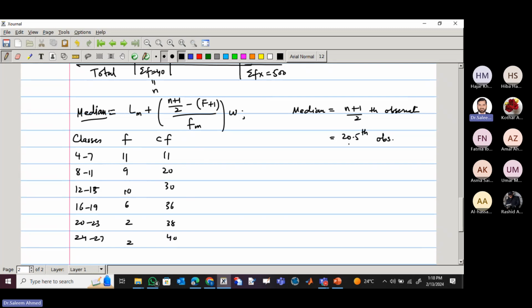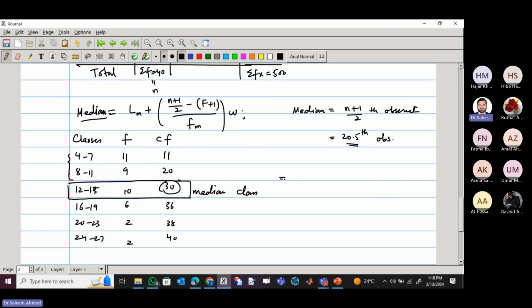So see, the 20.5th observation is here, because the first class only takes 11 observations, and up to two classes we have 20 observations. So the 20.5th observation is somewhere here, so this is my median class. Before that, it was 20, so this is my F. This is my median class.